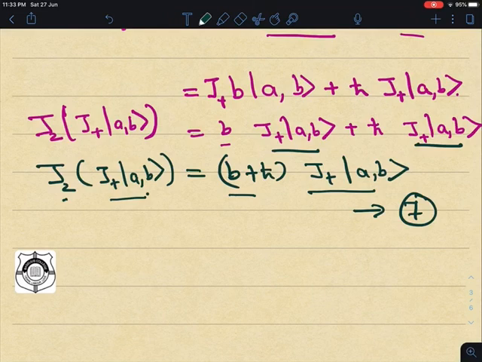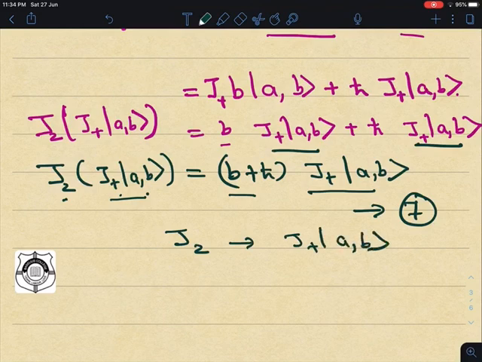So for Jz, the eigenket is J plus ket ab, and also, as we have noted before, the eigenket of Jz is also ket ab. So you can tell that the Jz eigenket is J plus ket ab and also ket ab.